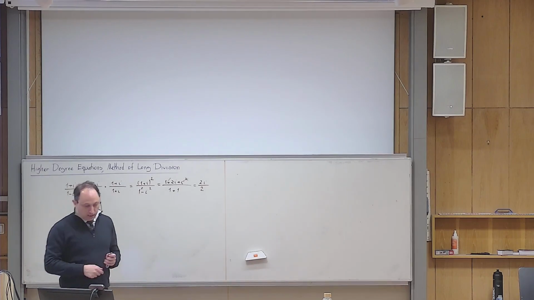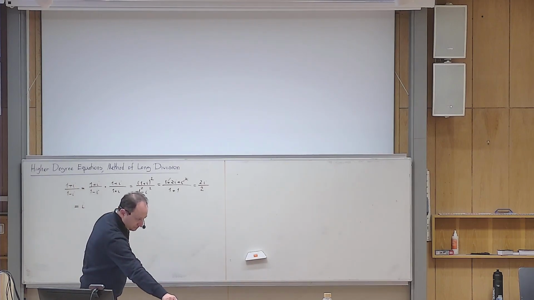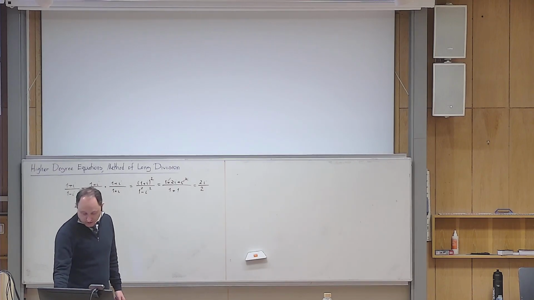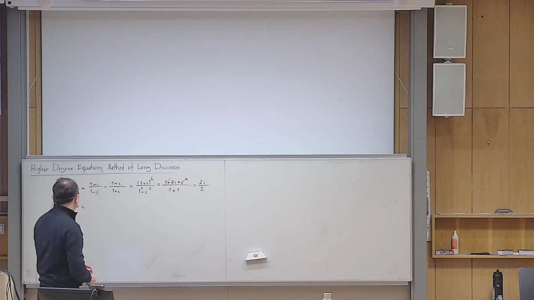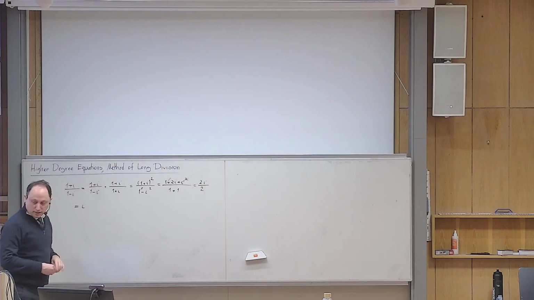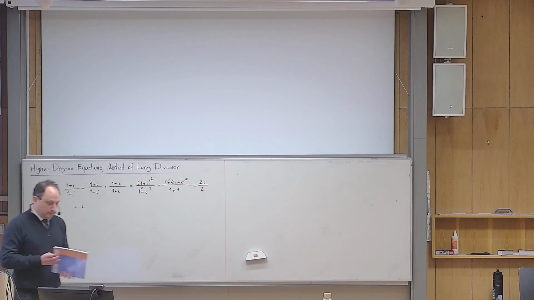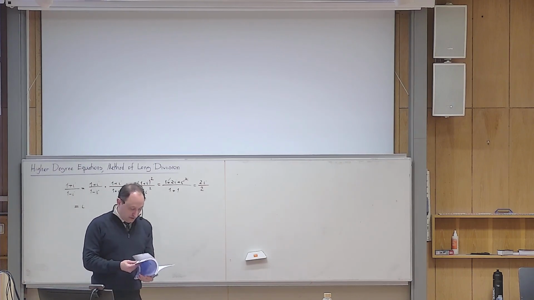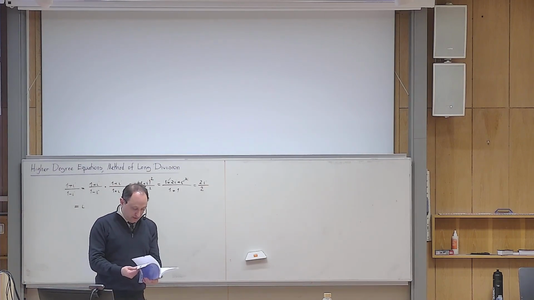Okay, but now let us go to this new lesson that I want to talk about, higher degree equations, the method of long division. Before doing that, let me give you another example, which I saw is good in the book. Let me see, and then we go to this topic.